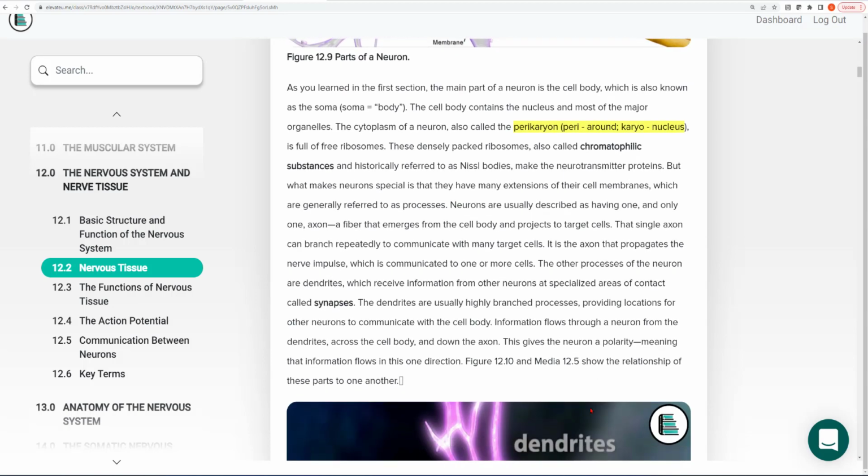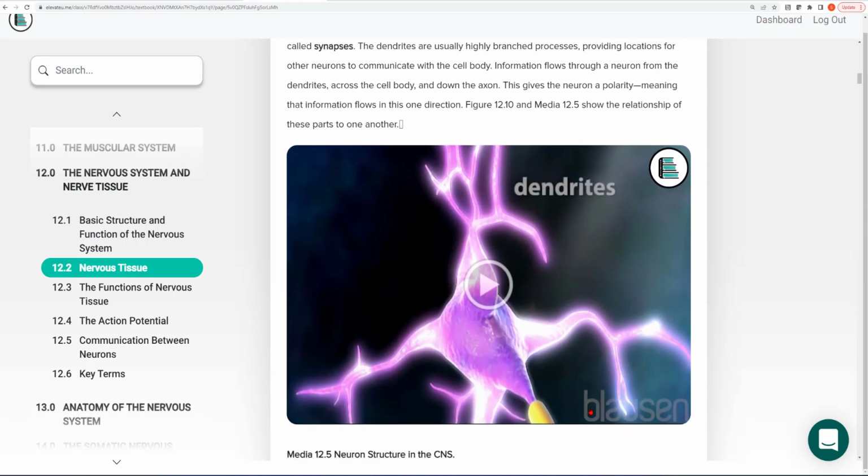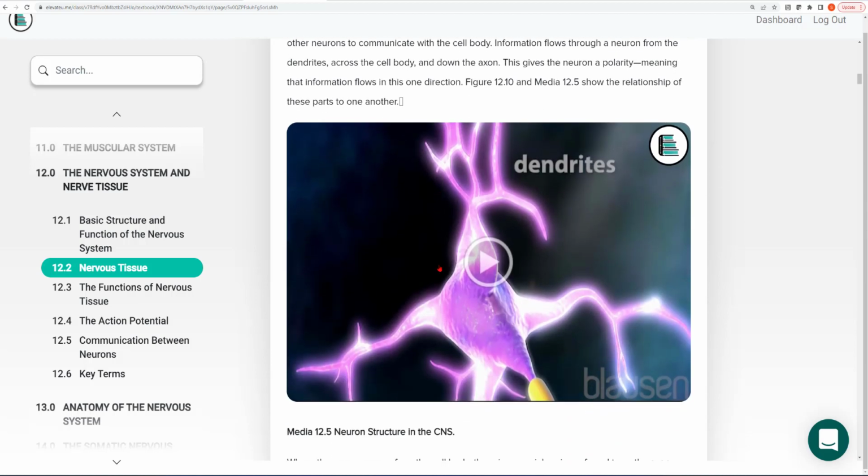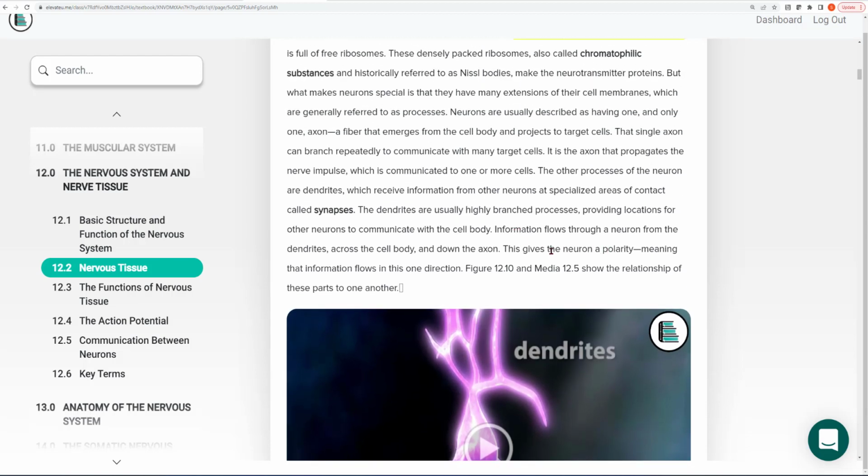So let's take a look at a neuron, and you'll watch this video. It'll describe the parts and structures of the neuron. And what you'll see is that neurons have a polarity. That means that information flows through neurons in a predictable way.